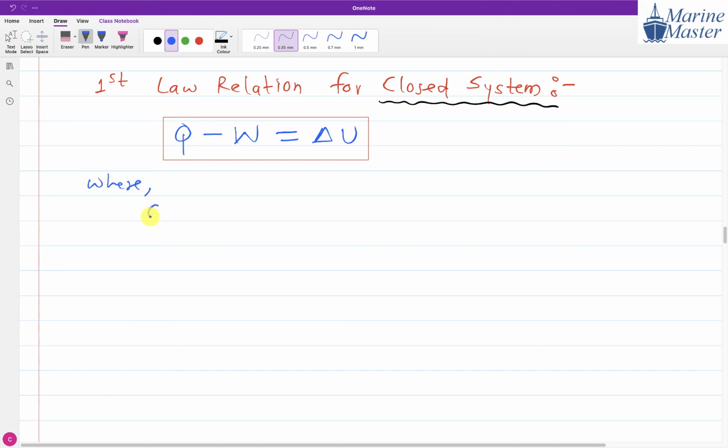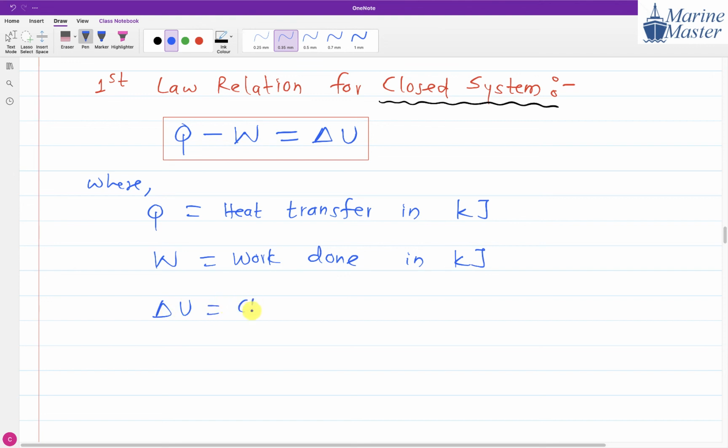Q is a new term for us. Q means heat transfer, and its unit will be kilojoule. W stands for work done, also in kilojoule. And delta U, as we have just seen, is the change in internal energy, which must also be in kilojoule.